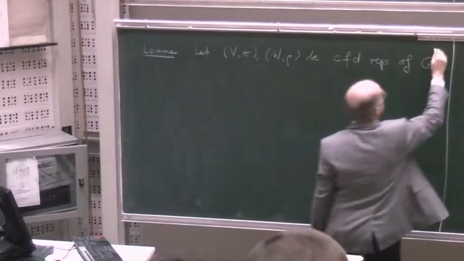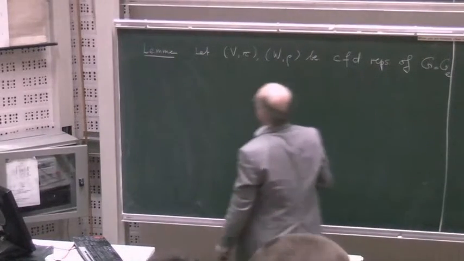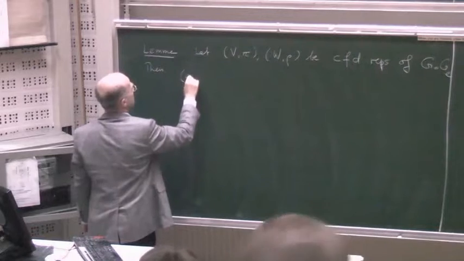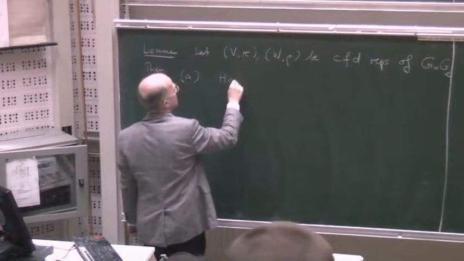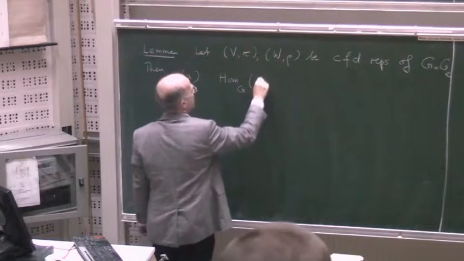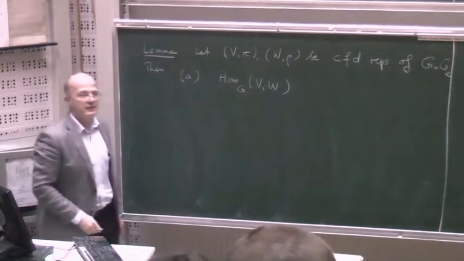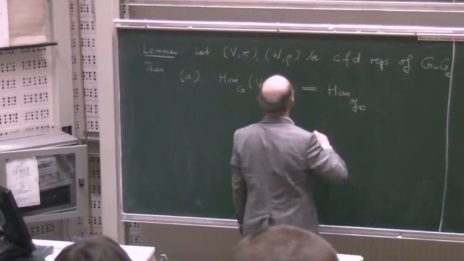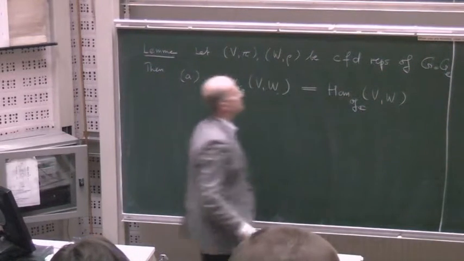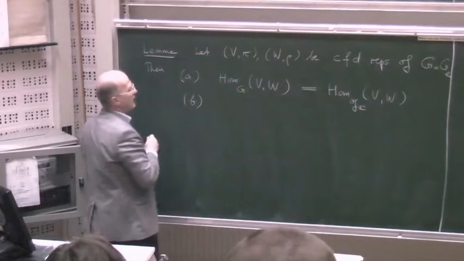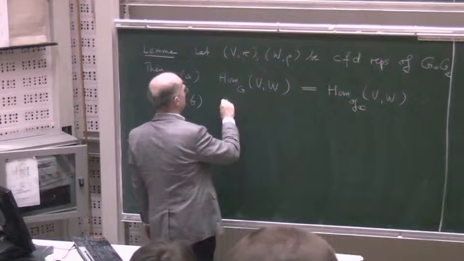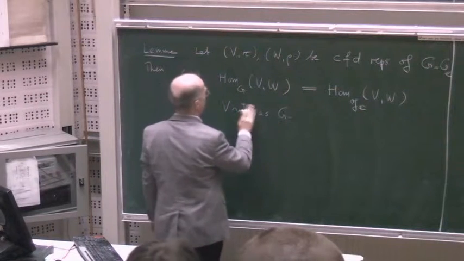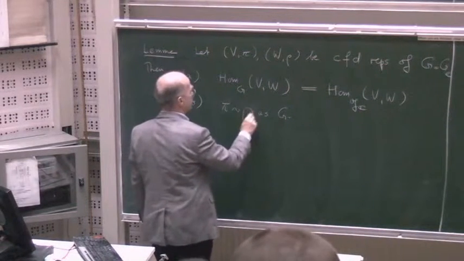So G is connected. Then, first of all, if we look at the space of G intertwining linear maps from V to W, then this is the same as the space of GC intertwining linear maps from V to W. And secondly, V is equivalent to W as a G representation, so maybe I should say pi is equivalent to rho.